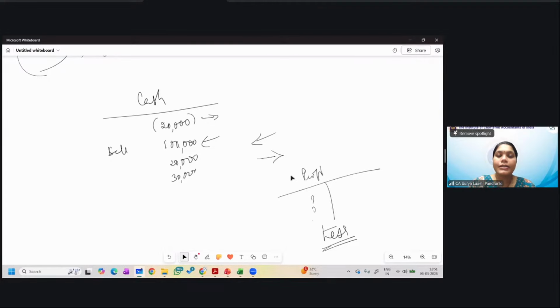Single entry systems are followed by persons who have very few transactions, or who cannot maintain all the books of accounts to record everything for calculating profit. Such kinds of businesses maintain this single entry system. Okay.